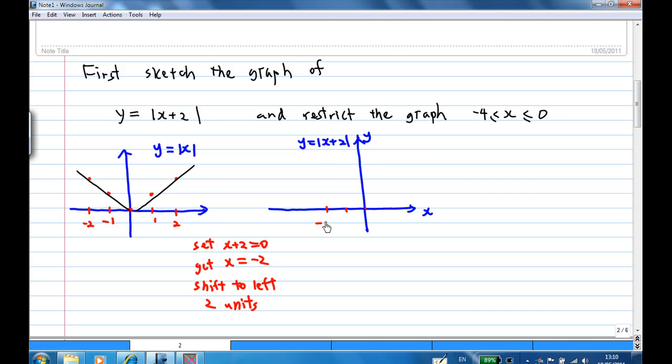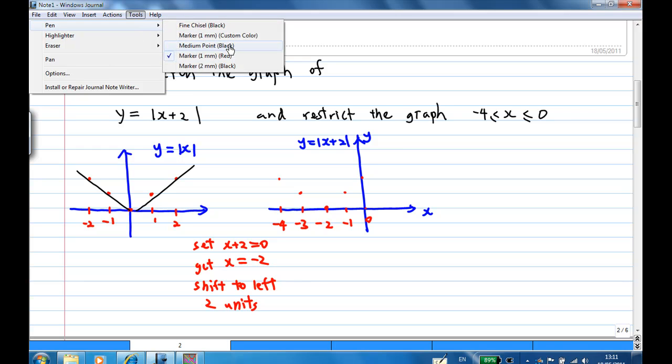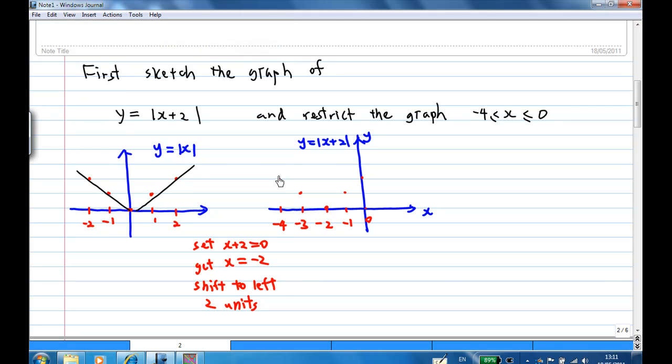shifted to minus 2. Or you can also put when x equal to minus 2, y equal to 0, when x equal to minus 1, y equal to 1, when x equal to minus 3, y also equal to 1, when x equal to 0, y equal to 2, when x equal to minus 4, y equal to 2. So the graph of this function will look like this.